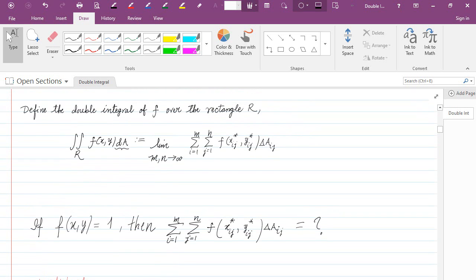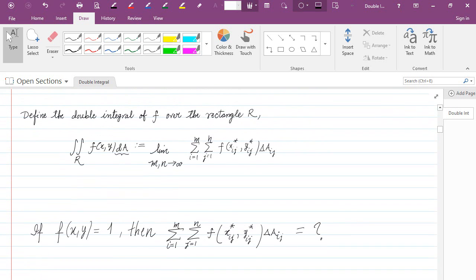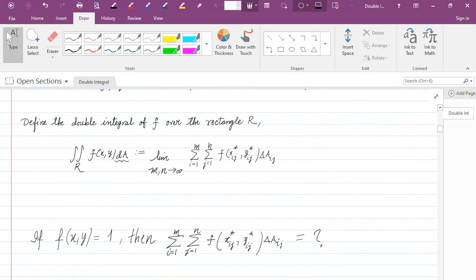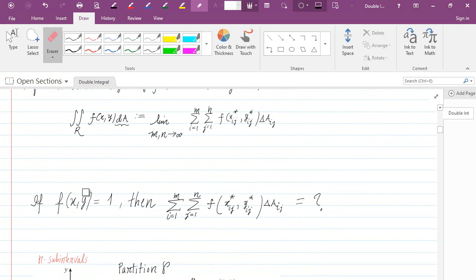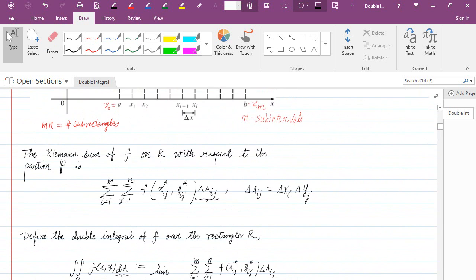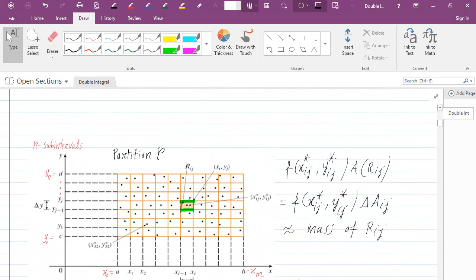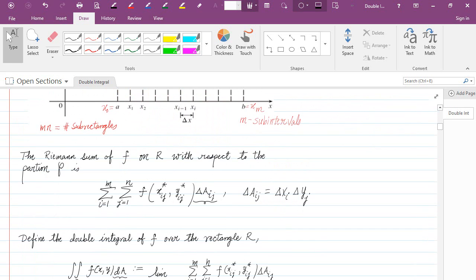Now let me ask a question before I stop the video: what happens when the density function is just 1? Well, if f is the constant function 1, then this quantity here would be 1. So then we are summing the areas of the subrectangles.